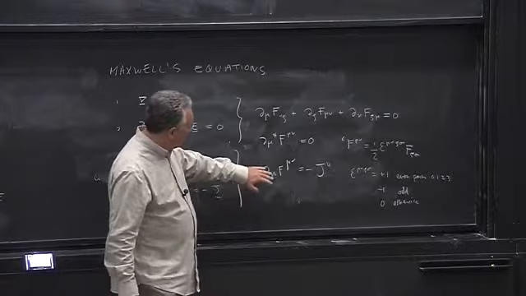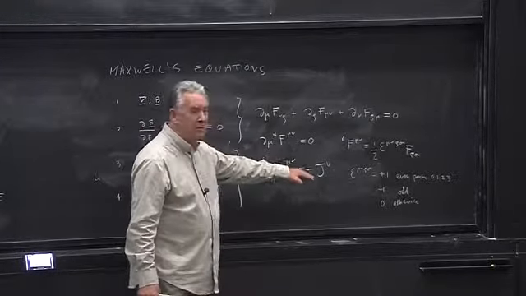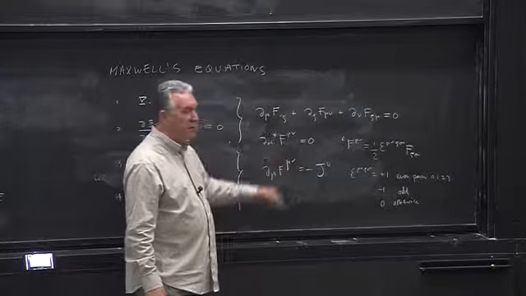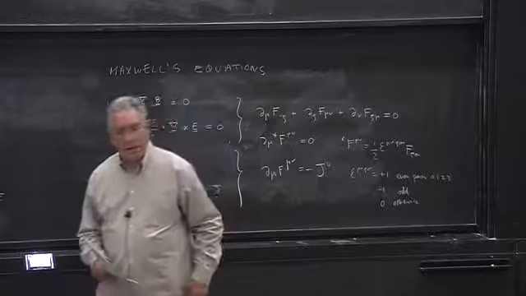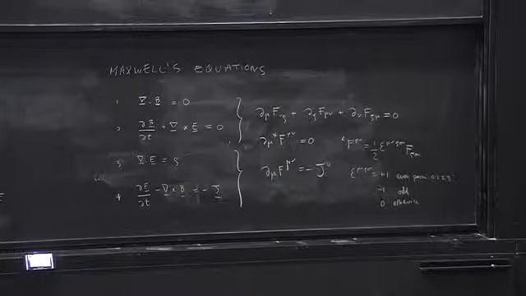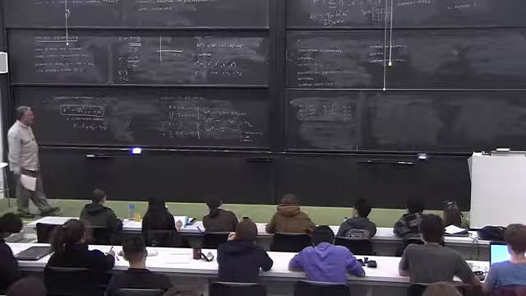So you might think that there was a certain symmetry between F and F star, but it's spoilt by the source term. But if you had a magnetic source, you could restore the symmetry. And electromagnetic duality is something that takes F into F star and electric charge into magnetic charge. But we're not going to deal with that today.